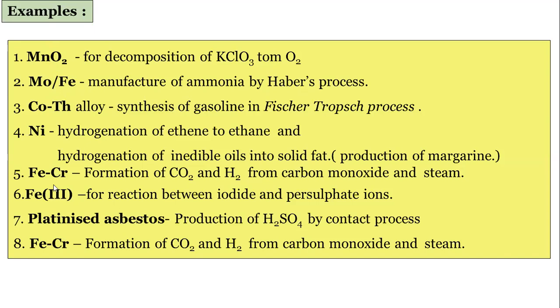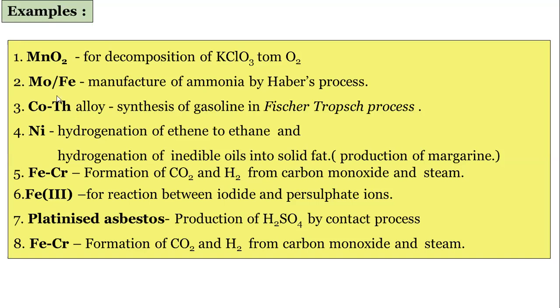The question will be asked 100% in the board examination, and for the CET and JEE also, questions will be asked on this part. So remember these examples carefully, which catalyst is used for which reaction.